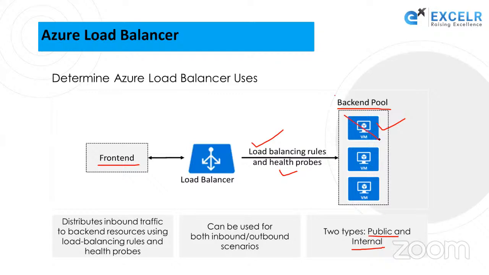If it is not working properly, my load balancer will understand based upon the health probe, and it will simply send the traffic to these two machines rather than the unhealthy one. So this is the general basic concept of your load balancer.